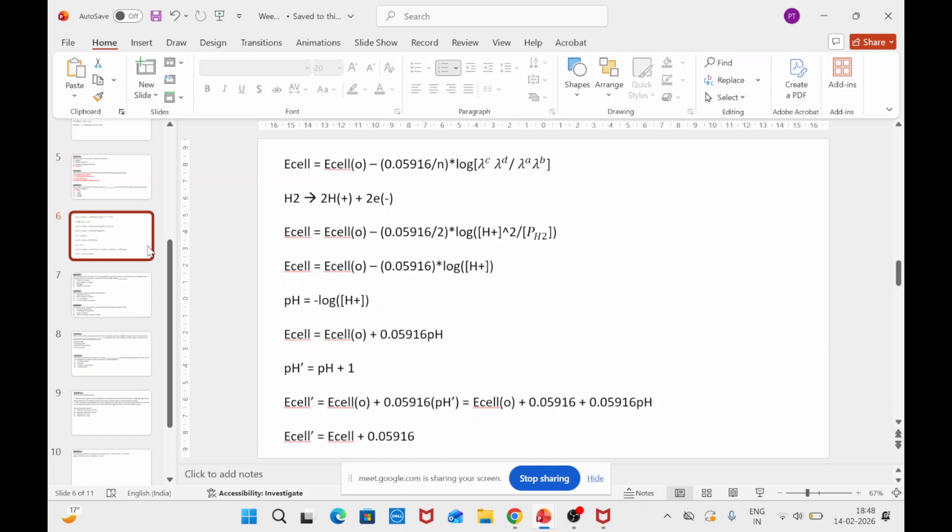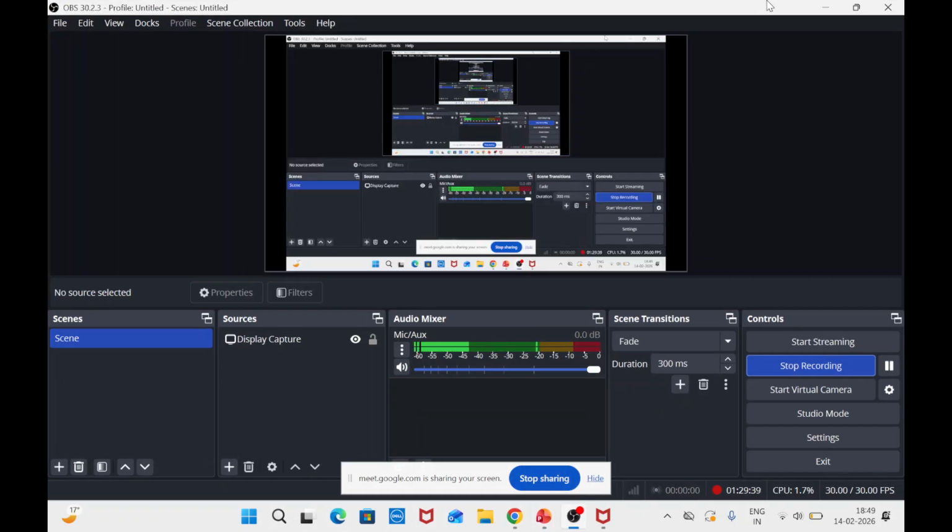Of course, this is not a complete reaction, but since what we want for this particular question is this much, I am not considering the other part of the reaction as such. Just a second.